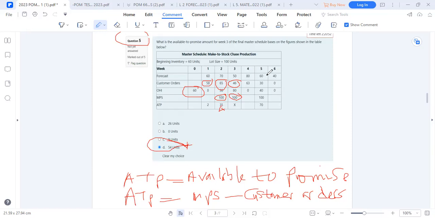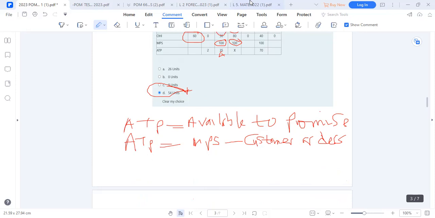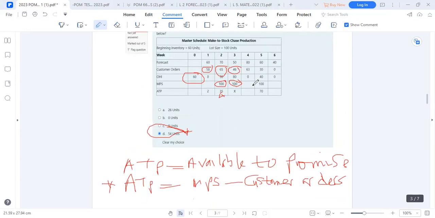We are just saying the formula is here. You can see it: ATP is equal to MPS minus customer orders. So 100 minus 46 for you to get X here. The answer is 54. Then here it is 100 minus 30. The answer is 70. That's how they found the 70.